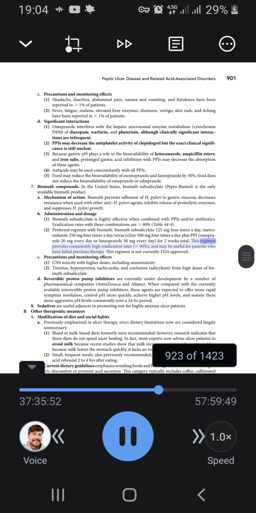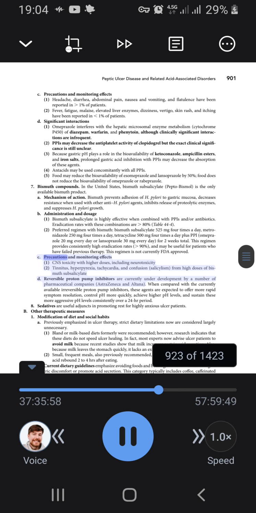This regimen provides consistently high eradication rates, 90%, and may be useful for patients who have failed previous therapy. This regimen is not currently FDA approved.